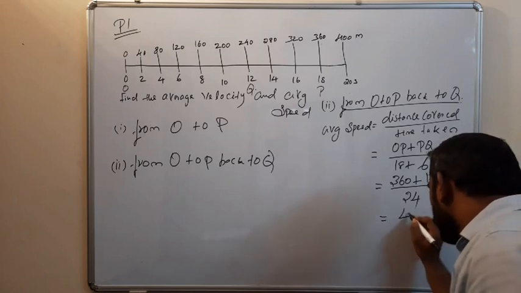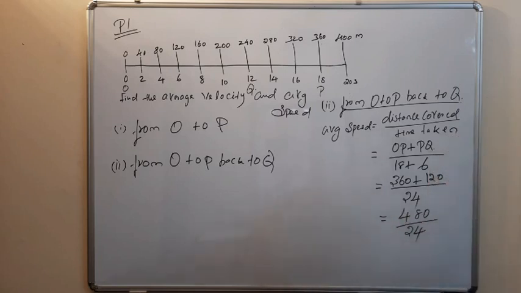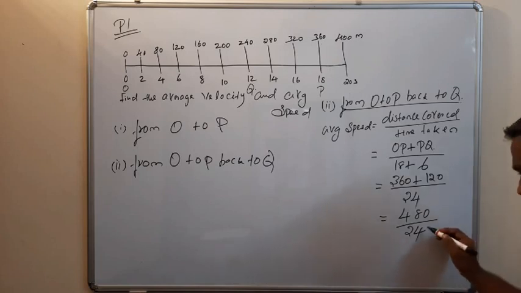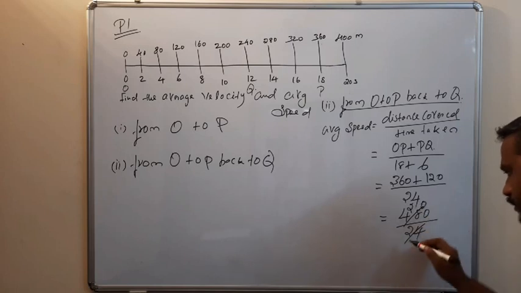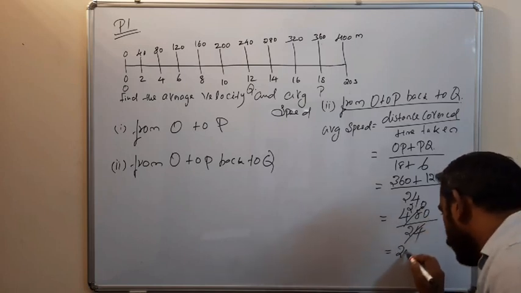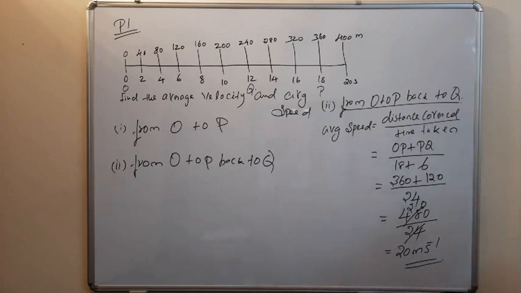So 480 by 24, cutting, 24 times 20 is 480. So that's equal to 20 meter per second. That is the average speed.